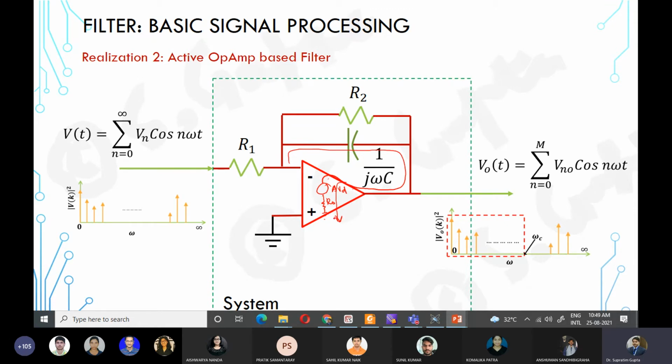It is through the op amp's inside circuitry, and this is just a model, not the exact circuitry, having a source AVD and then R0. For each and every high frequency, the current goes towards ground, and therefore I will again get only those components which have frequency below a certain value, which we will call the cutoff frequency.